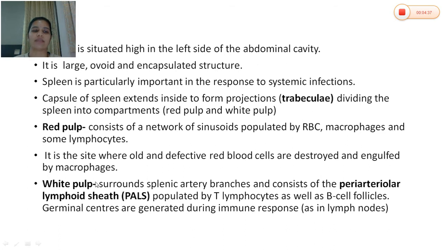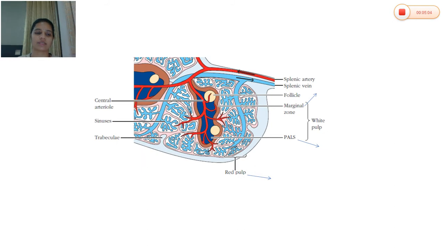Now, the white pulp surrounds the splenic artery branches and consists of PALS, the periarteriolar lymphoid sheath. These are populated by T lymphocytes as well as B cell follicles. Similar to lymph nodes, these primary follicles, once they encounter the antigen, will develop into a germinal center, which is important during the immune response.